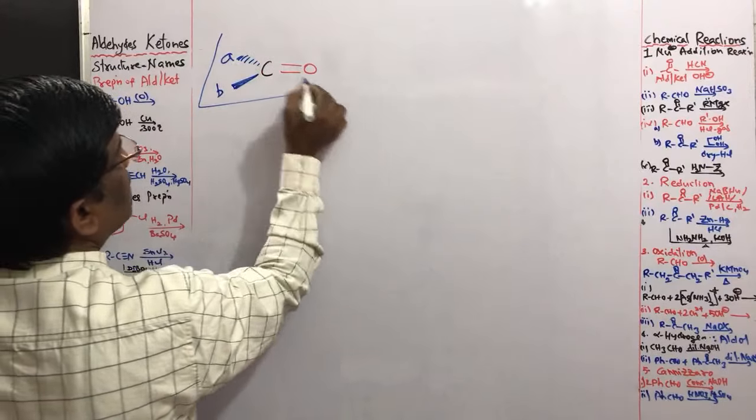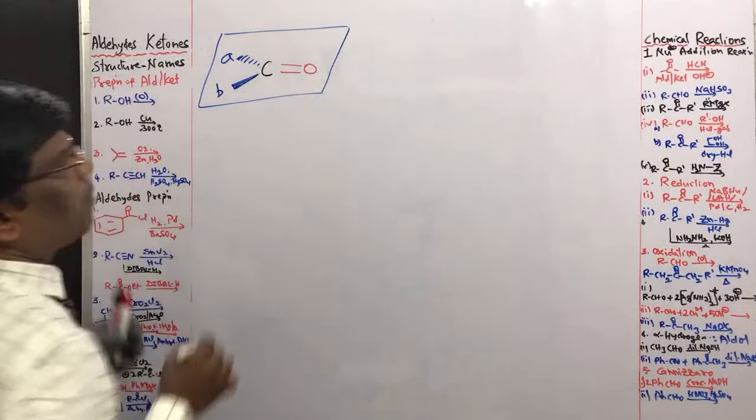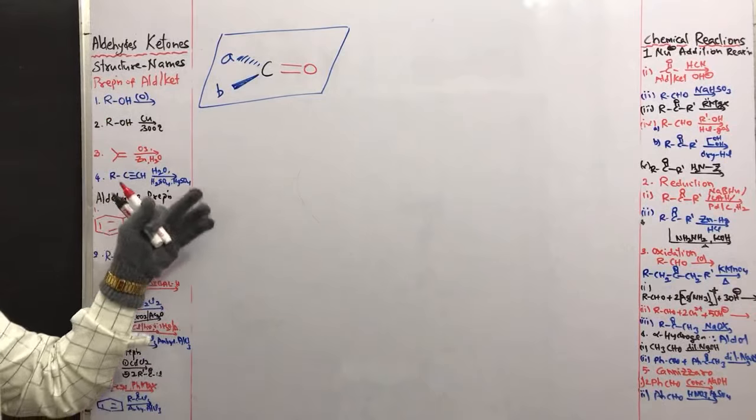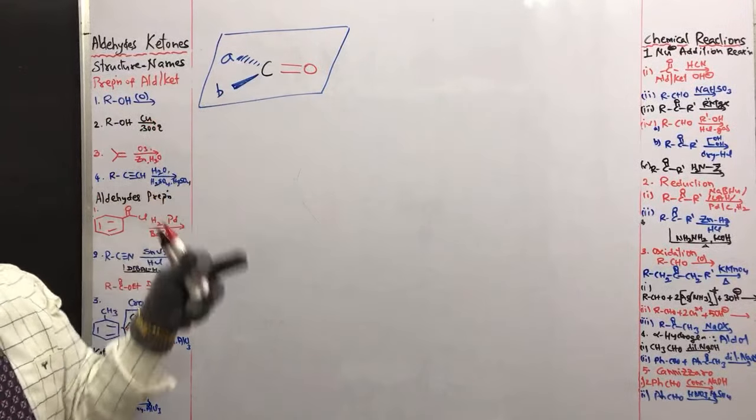If I write it on a plain paper, it is going to be aldehyde or ketone. It is a planar molecule.